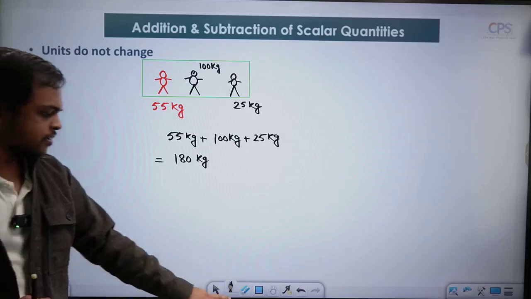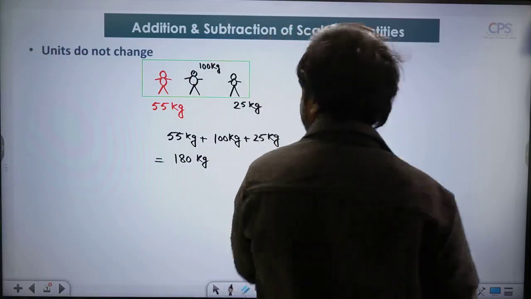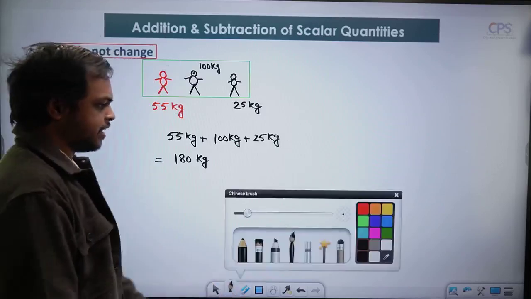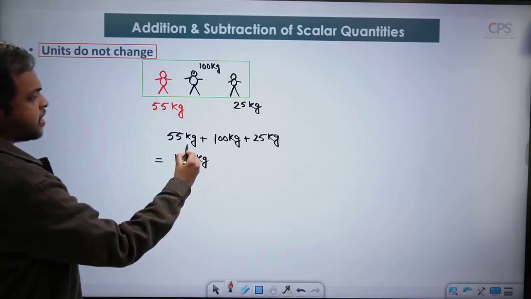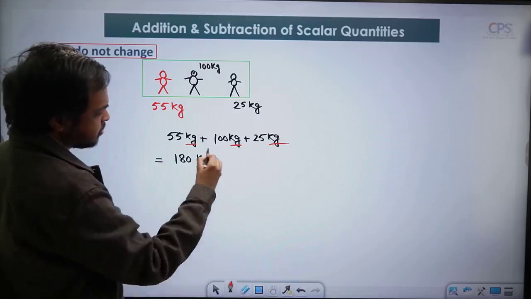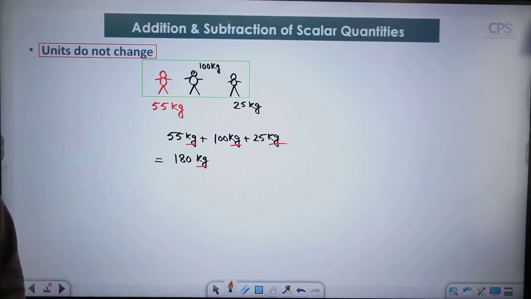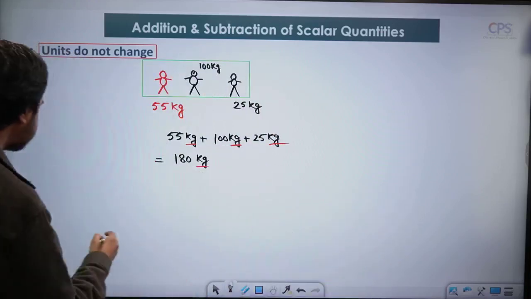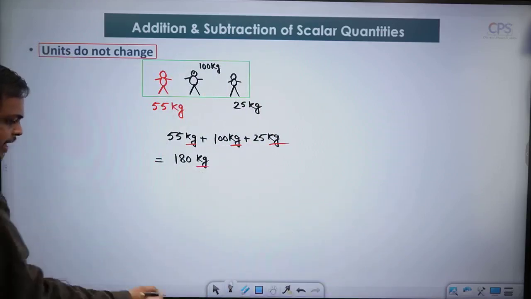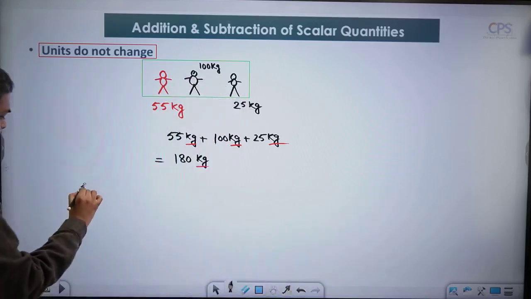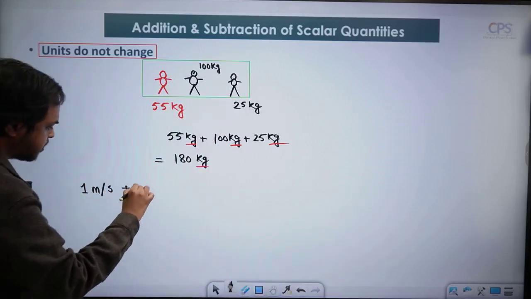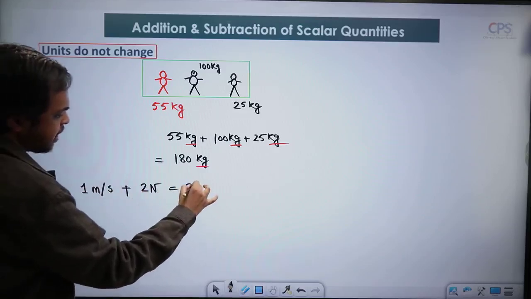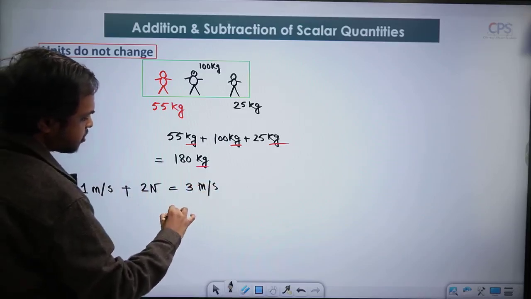And one thing to check is that the units do not actually change here. The kg, kg and kg brings you something in kg only. So units do not change. If you add 1 meter per second with 2 Newton, you cannot expect 3 meter per second, nor 3 Newton.